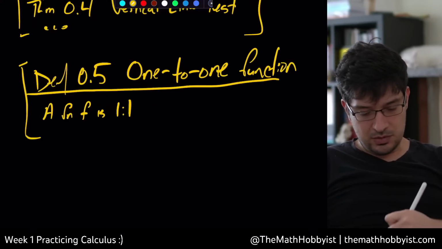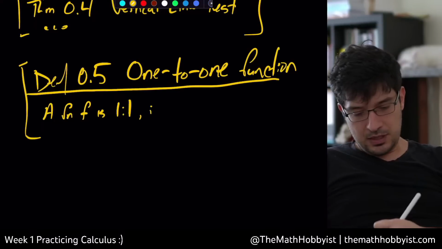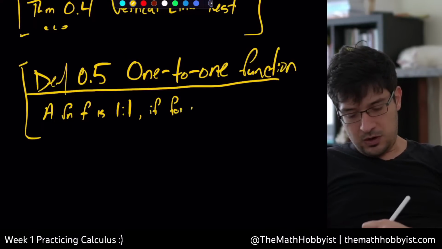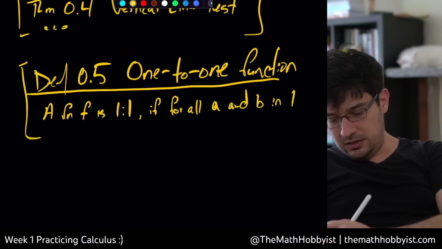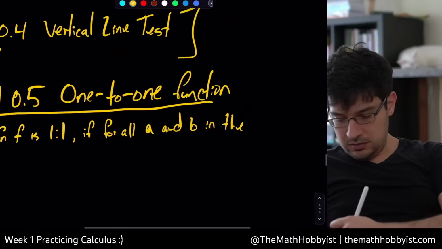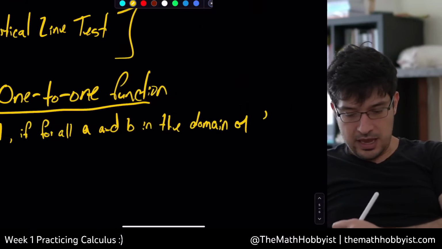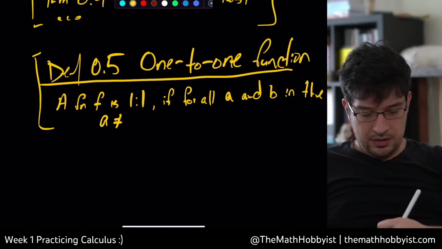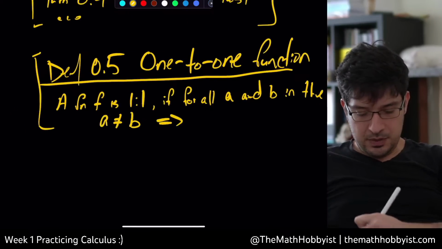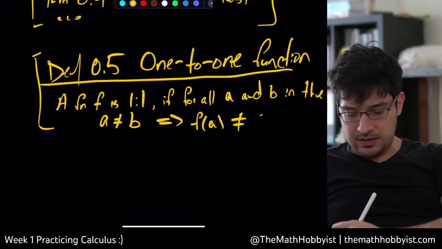So don't do that, write out the word. If for all a and b in the domain of f, if a is different than b, then f of a is different than f of b.